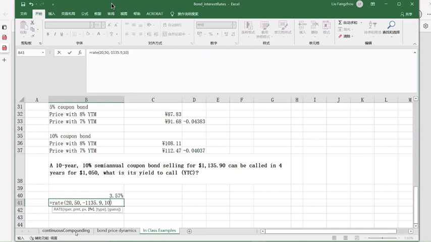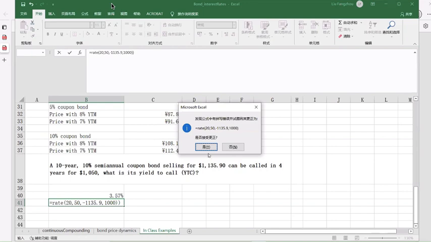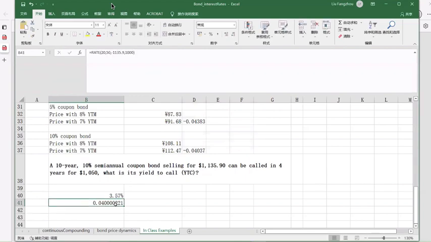That gives the yield to maturity, which is 4% times 2, because this is an interest rate for 6 months. So that's why we would have 8% as our yield to maturity.